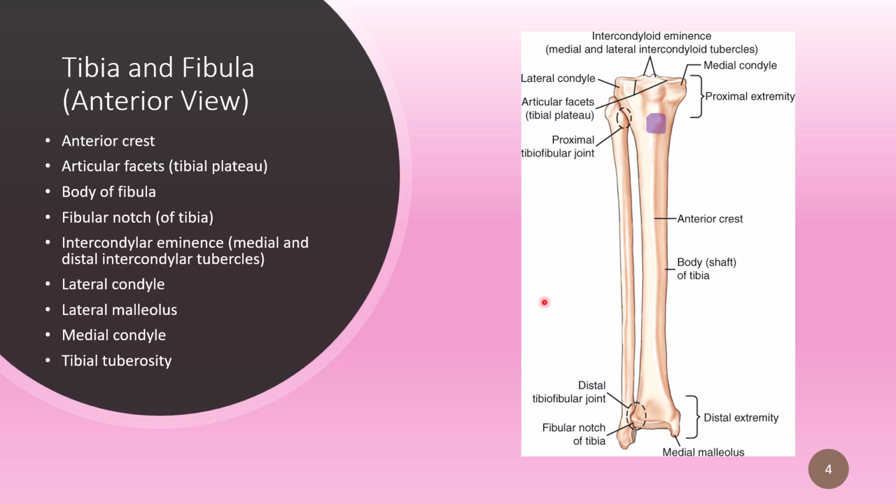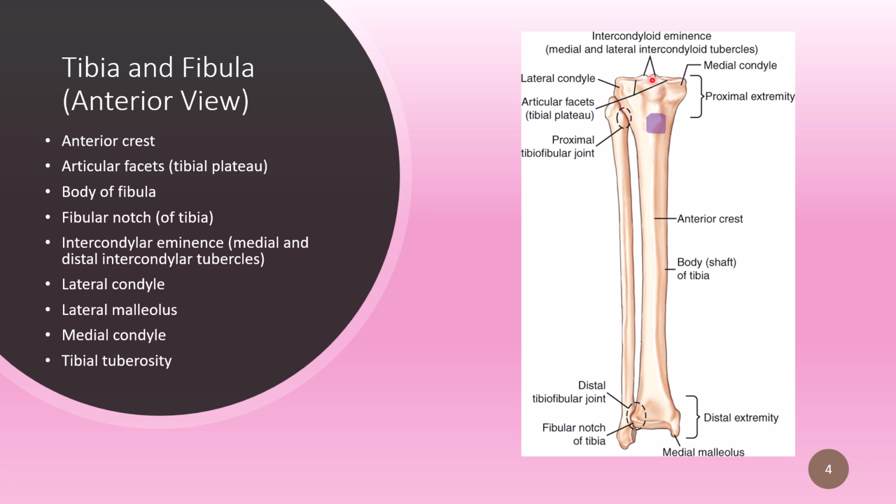Okay. Some of the other anatomy on here, anterior crest, we have the articular facets at the tibial plateau up here. All right. We have the body of the fibula right here, the fibular notch down here on the tibia, the intercondylar eminence, the medial and lateral intercondyloid tubercles are up here.